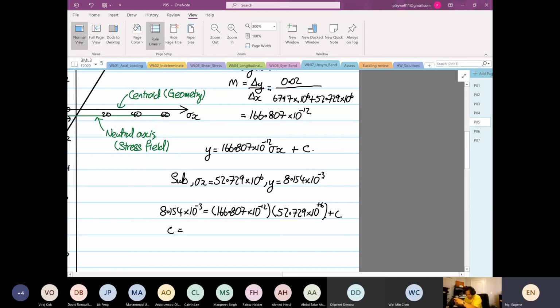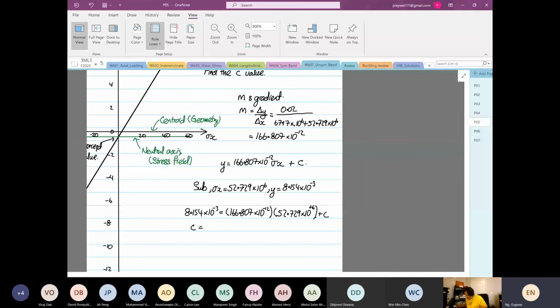So 8.154 power minus 3 divided by 166.806 power minus 12 divided by 52.729 power 6. Wait, I'm getting a funny number down here. There is a number that I'm not getting right.